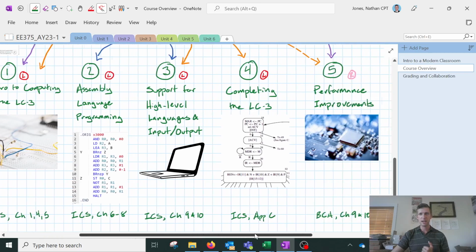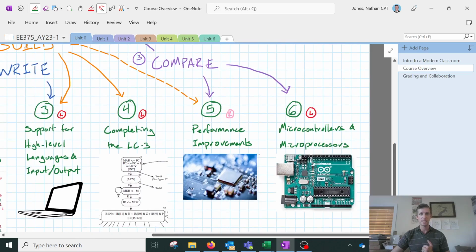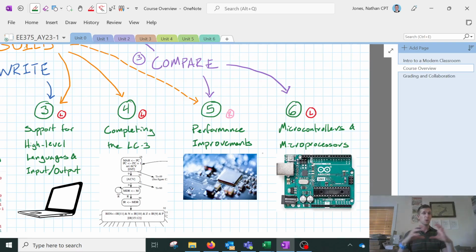In Unit 5, we are going to start talking about some performance improvements. Specifically, we're going to see how if we change the design of the LC3 slightly to introduce a concept called pipelining, we might be able to improve its performance and get more done in less time.